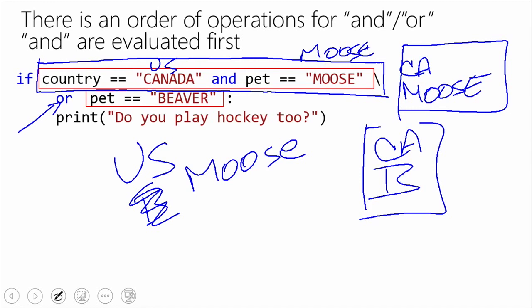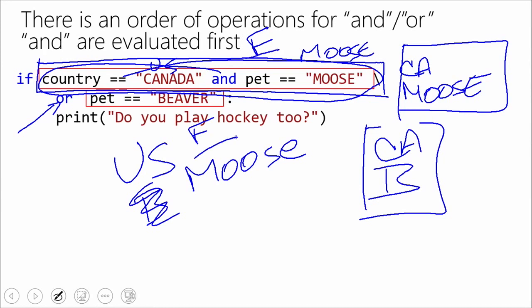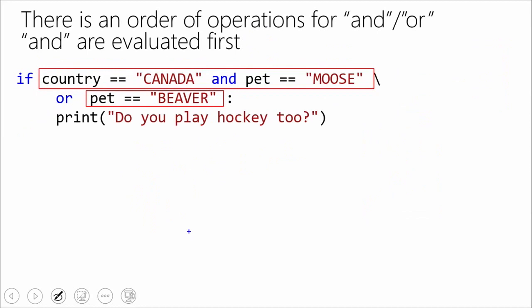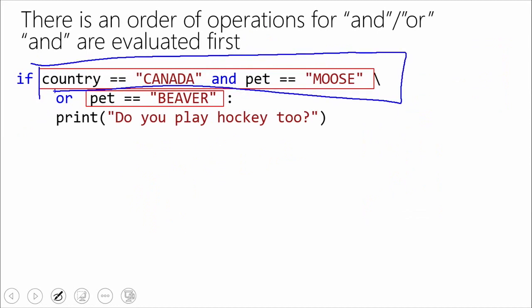It's going to test that part right there, and that's going to test as false. And then, of course, it's going to come down to the pet and test as false as well, but that's sort of irrelevant. It's going to test as false, false. It's going to give you a false for the country is not Canada with pet moose, but the pet is a beaver. Therefore, because part of the or statement is true, if any part of an or statement is true, it evaluates as true.